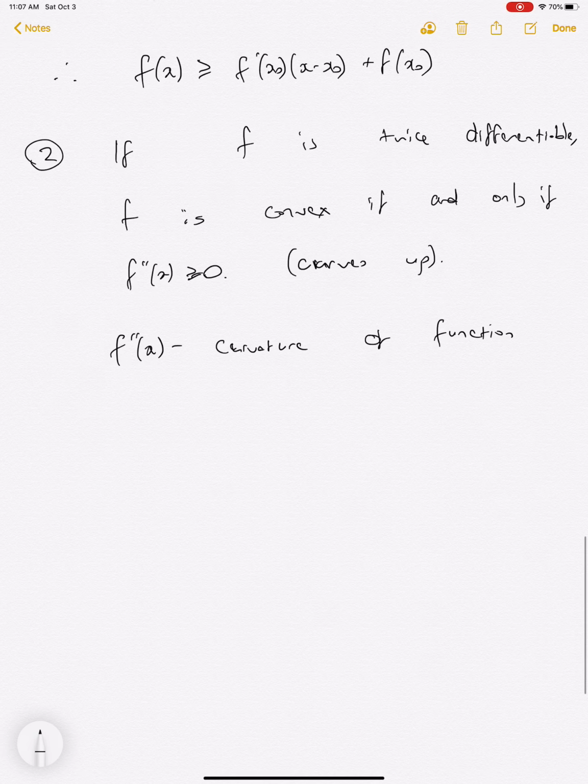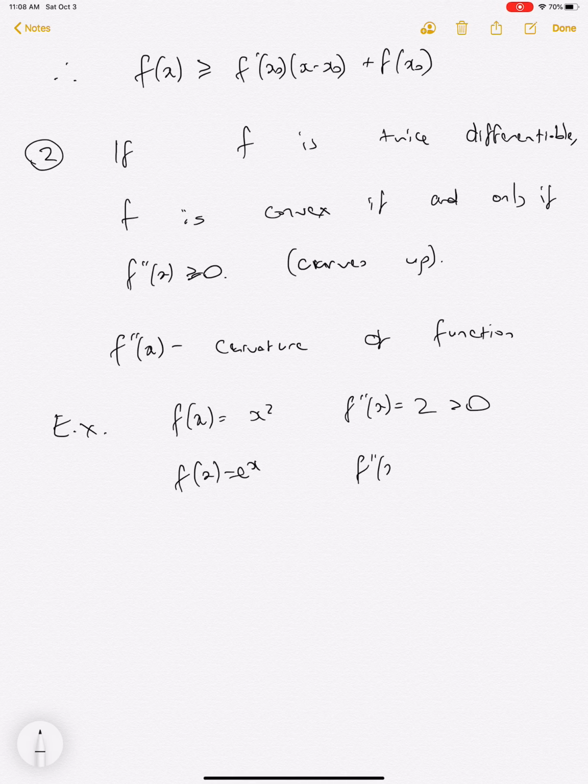And so clearly, we've done these calculations before: if f of x equals x squared, then f double prime of x is equal to 2, which is clearly bigger than 0. If f of x equals e to the x, then f double prime of x is e to the x, which is also bigger than 0.